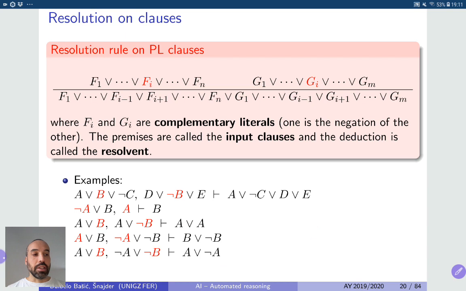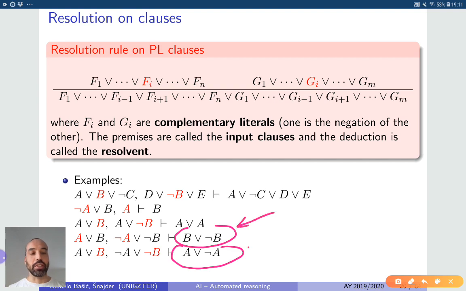Now, in practical terms, what this means is, these deductions here, these derivations don't really make much sense because we know they hold anyway. So later when we talk about different strategies for doing resolution, we'll actually want to avoid the cases where the deduction ends up being a valid formula.